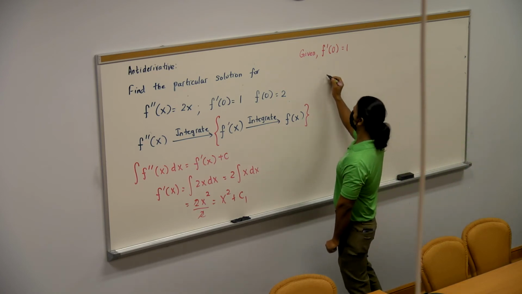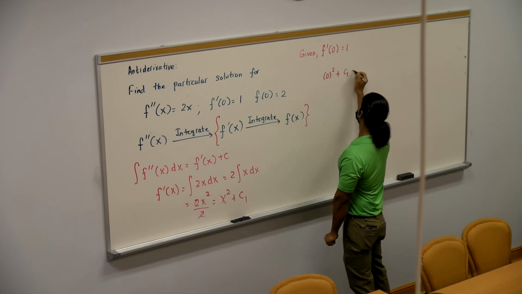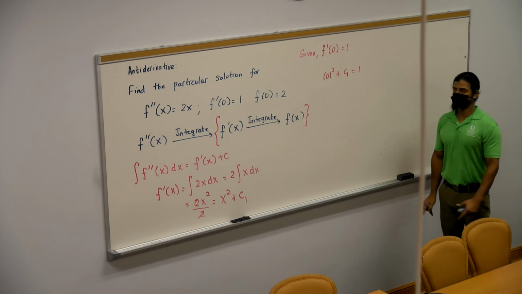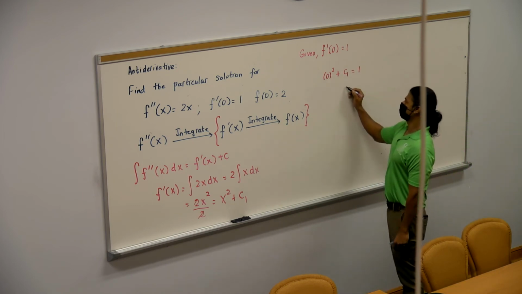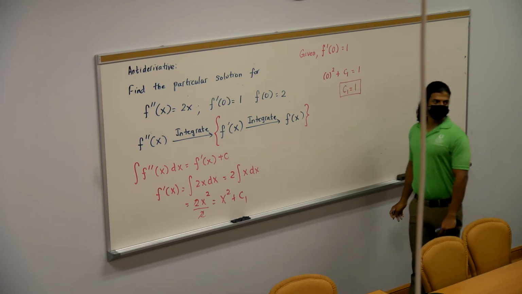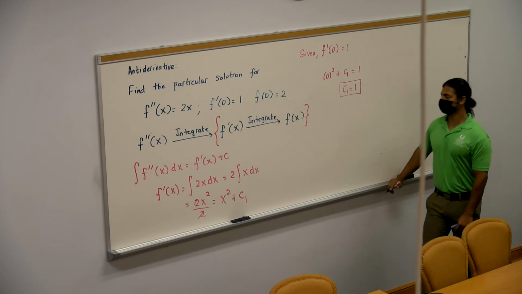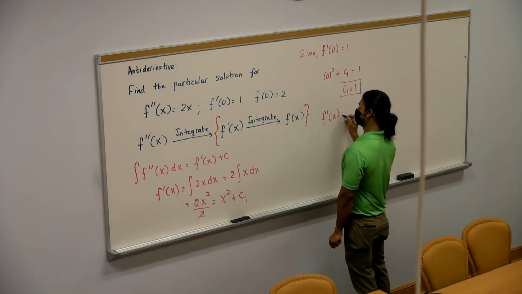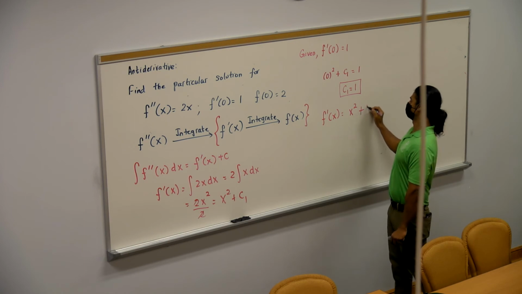So 0 squared plus C1 would equal 1. Agreed, because f prime of x is x squared plus C1. That means C1 is simply 1. So what is f prime of x? It is simply x squared plus 1.